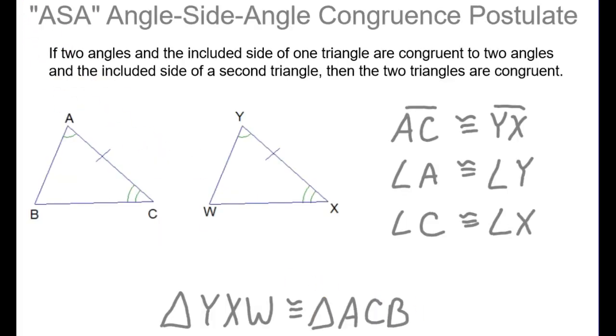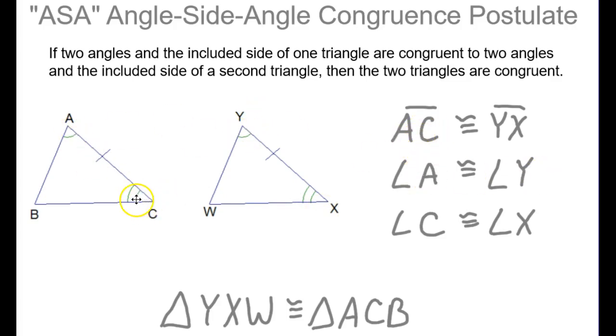The third congruence postulate in this lesson is the angle side angle congruence postulate. This says if 2 angles and the included side of one triangle are congruent to 2 angles and the included side of a second triangle, then the 2 triangles are congruent. So we have triangle ABC and triangle YWX. We know from the picture that angle A and angle Y are congruent.